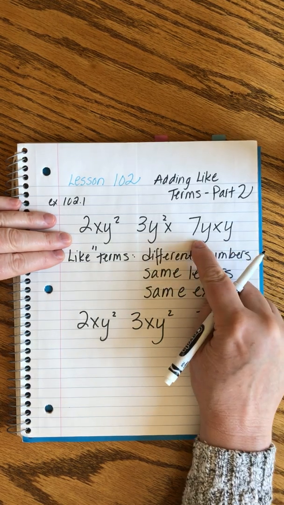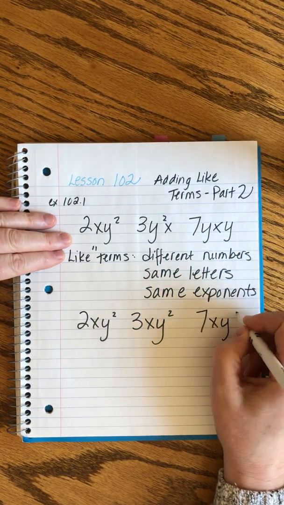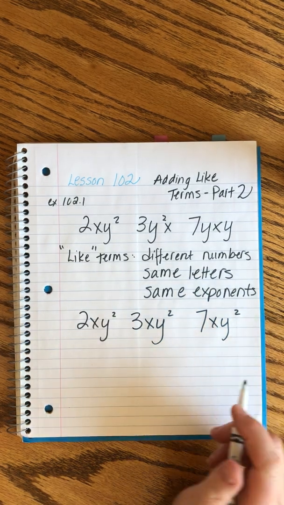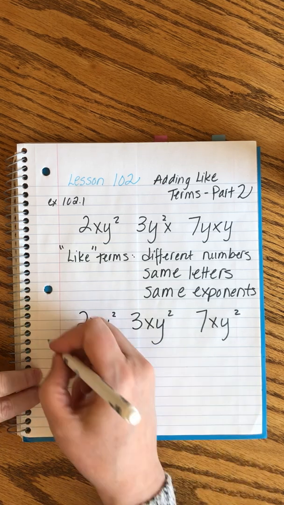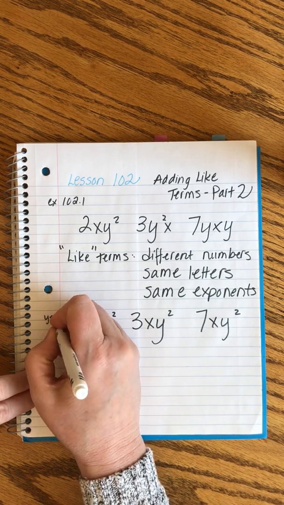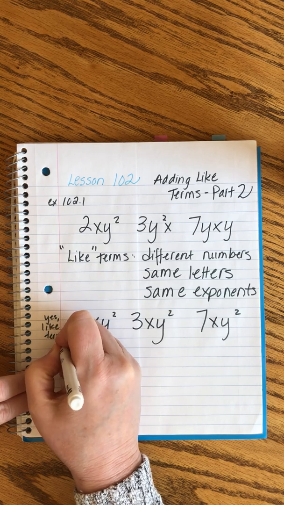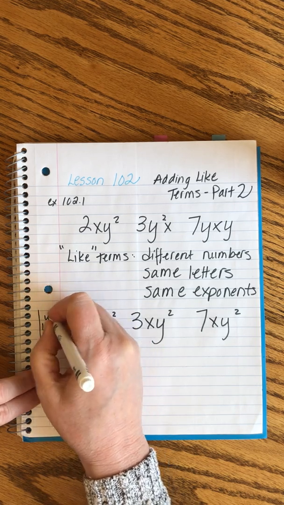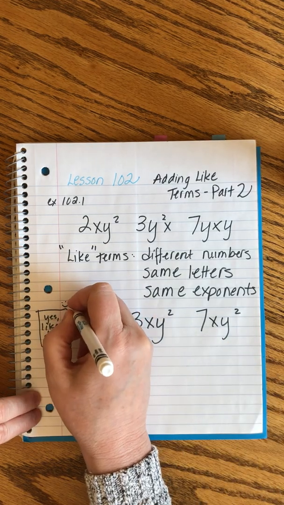And then this last one has not been written in exponent form. Now that I've cleaned everything up, I see, yes, they are like terms. And that's the answer that John was looking for. He was looking for a yes or a no. So yay, that's fun, easy.